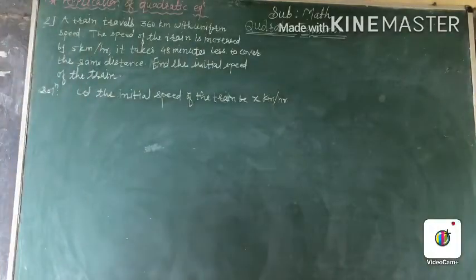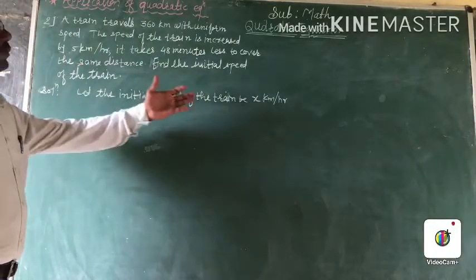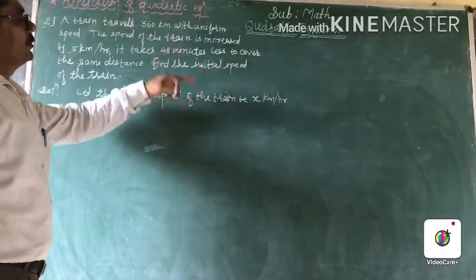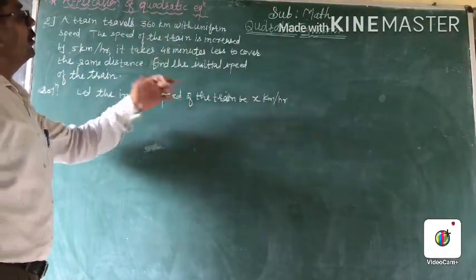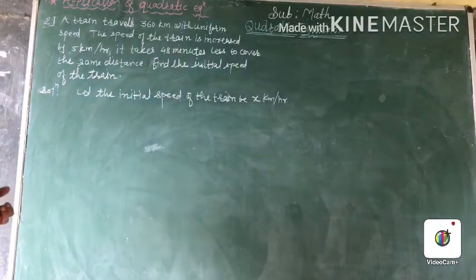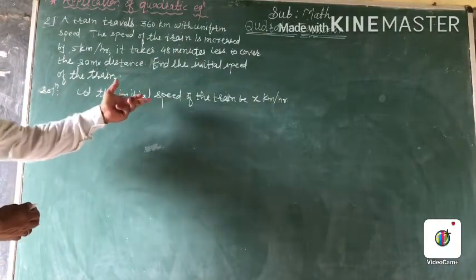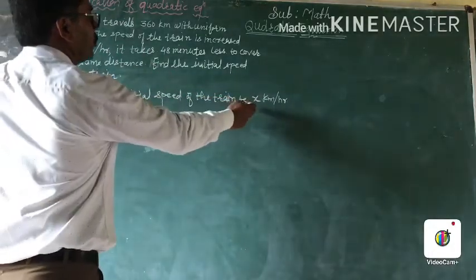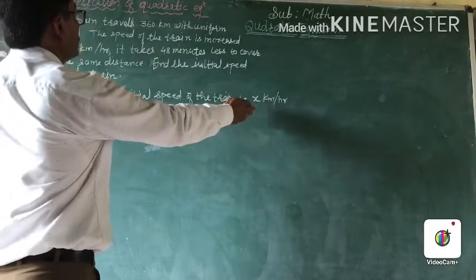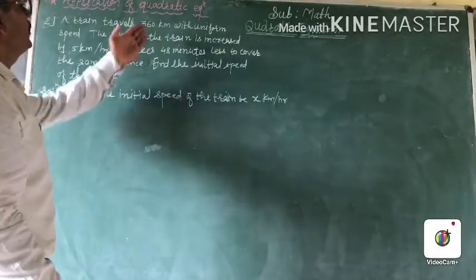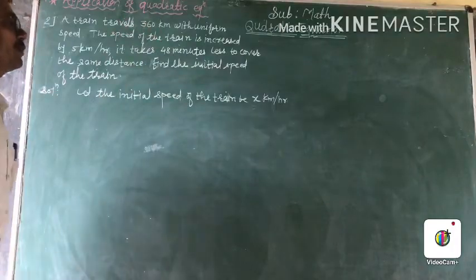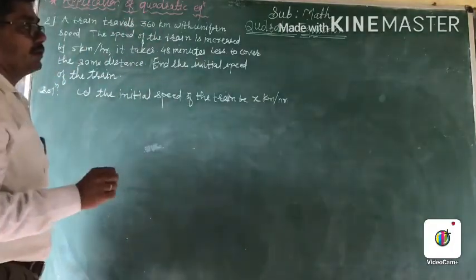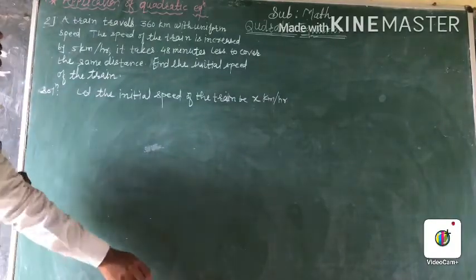This is the initial speed of the train, and with that speed this distance is traveled in some time, which we can find. Here the speed of the train is x kilometer per hour, and the distance traveled is 360 km. We can find it by the formula: time is equal to distance divided by speed.